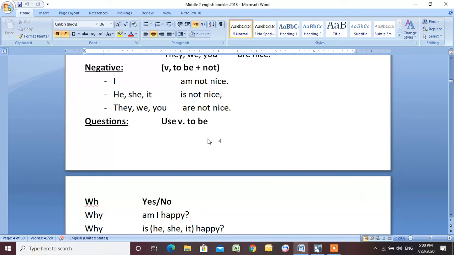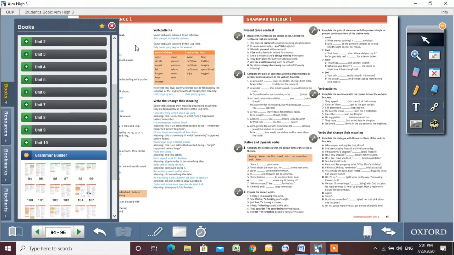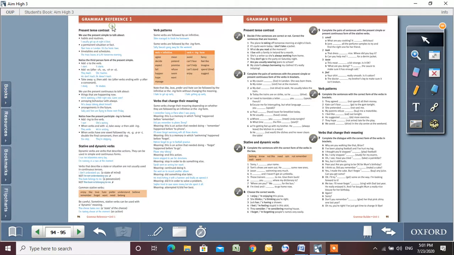Now let's move to the present continuous tense. In the present continuous tense, we use it for certain situations.